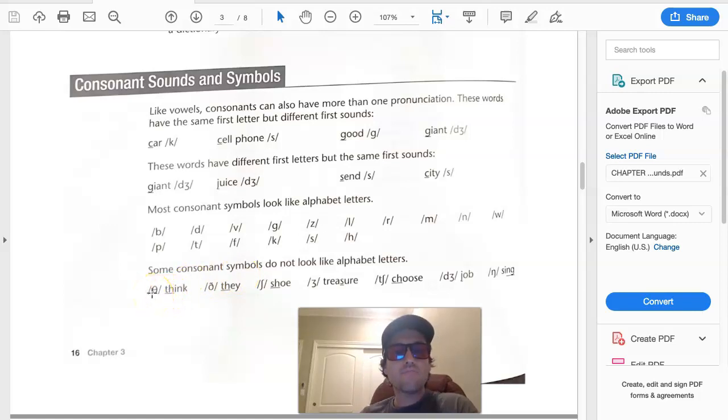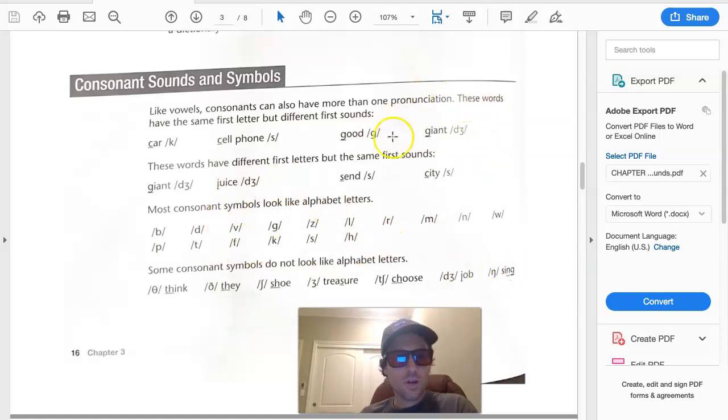Think, they, shoe, treasure, choose, job, sing. It's a very common consonant sound in English. The ing: sing, bring, wing, thing.